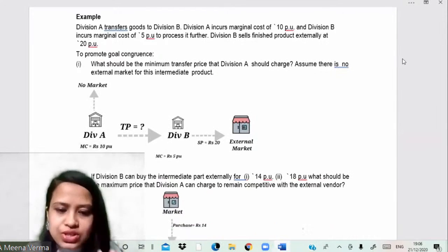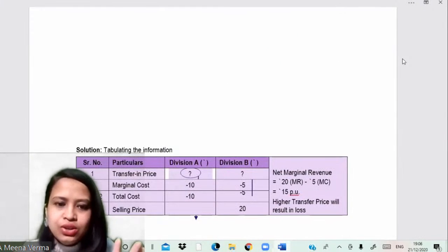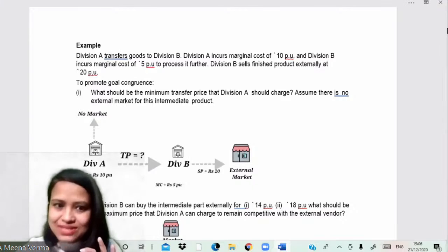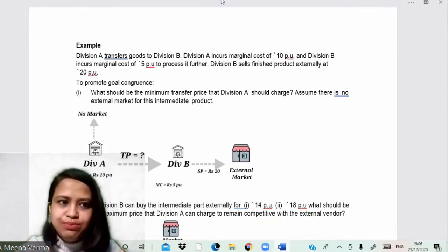First of all, I want all of you to read this question. Read this example. I'm giving you time. Please read this. I'm giving you 5 minutes to read this question. Please read it.